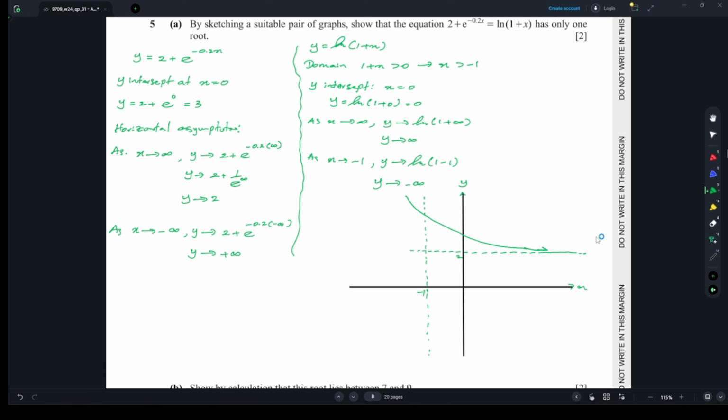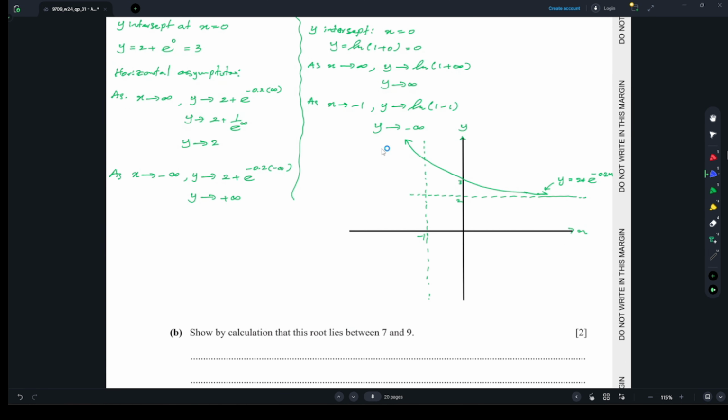Yeah, kind of a graph. 3 and this one. So this graph is y equals 2 plus e to the power minus 0.2x. Okay, and for the next one, for that case, when x goes to plus infinity, the value goes to plus infinity.